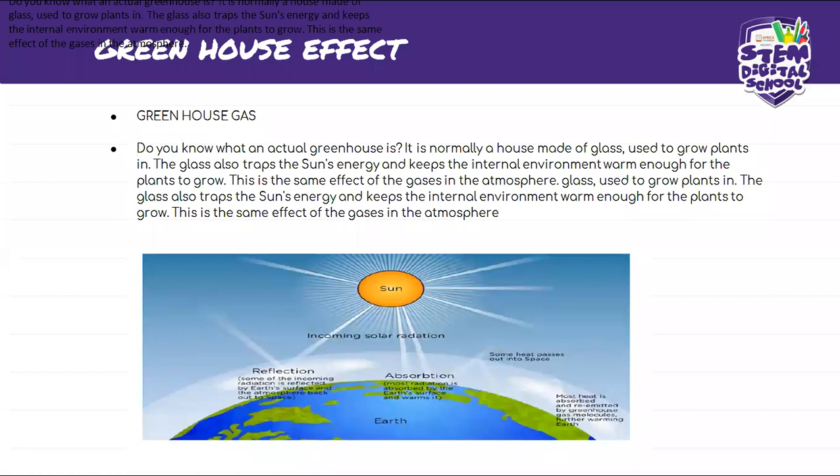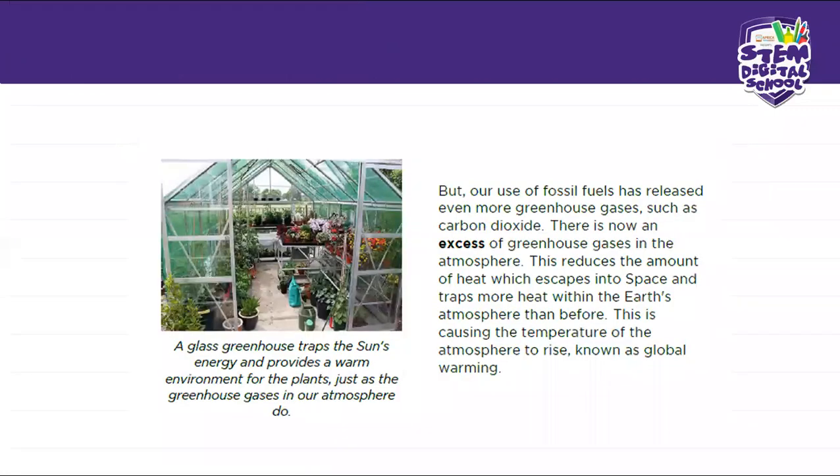Now, what is happening is that these greenhouse gases will also absorb some of the gases and re-emit them. And when they re-emit them, then the temperature increases on the earth. All right. So as you can see, we have incoming solar radiation. Now let's go on.